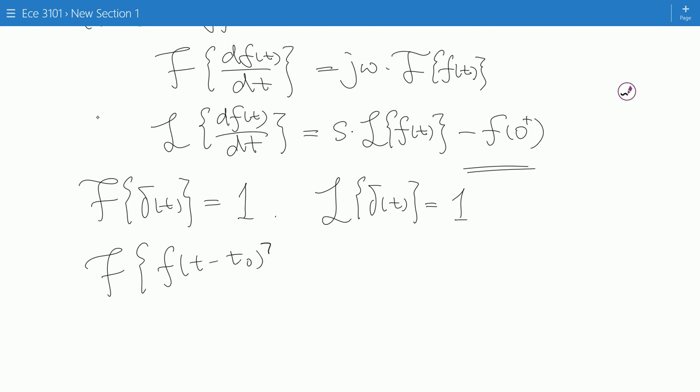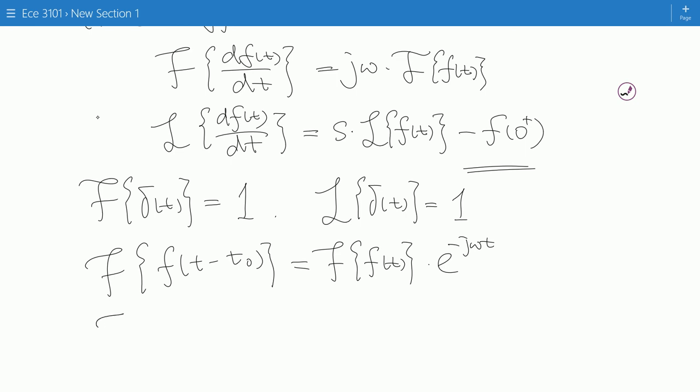So we shift the function by an amount of t0. If t0 is positive, we're delaying it. And how to calculate it? Well, this is going to be the Fourier transform of your original function multiplied by e to the power negative j omega t0.